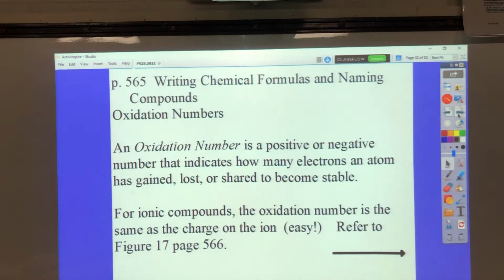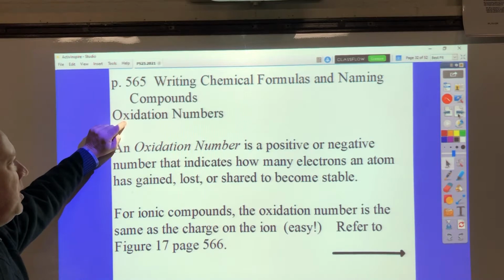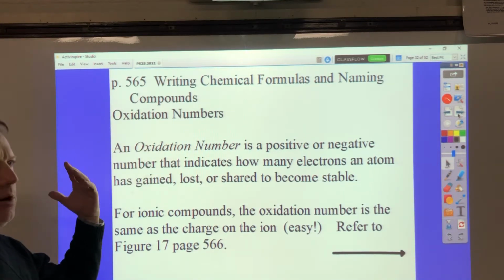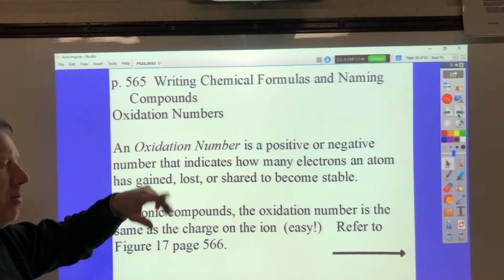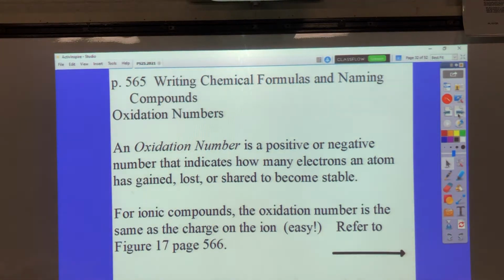Okay, so we're talking about writing chemical formulas and naming compounds. To do this we need oxidation numbers. It tells you how many electrons an atom is going to give or take, and we'll give you a table for that so you don't have to know it. There is one in the book from page 566, figure 17.